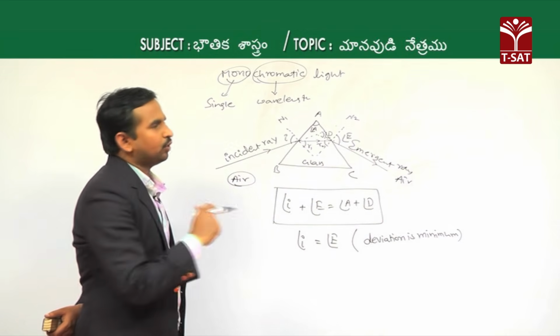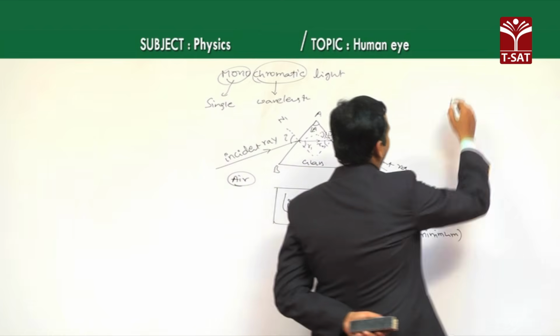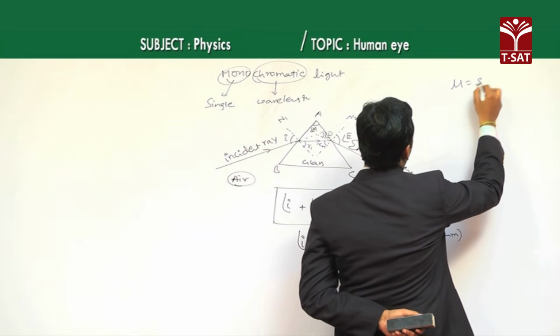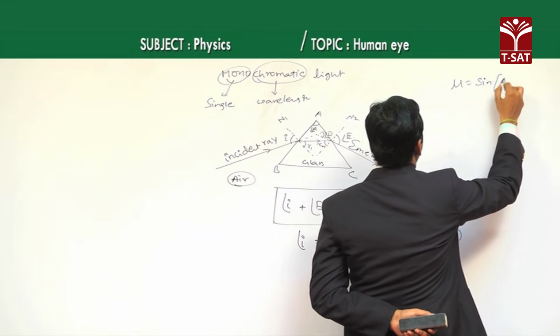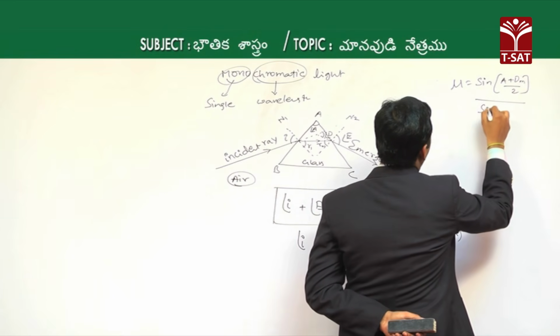If you want to find the refractive index of this glass prism, the formula is given by mu is equal to sine of (A plus Dm) by 2 divided by sine of A by 2.